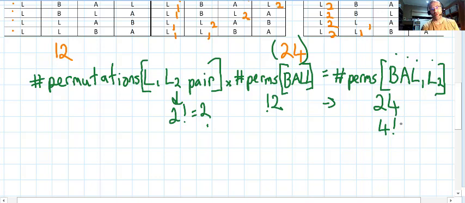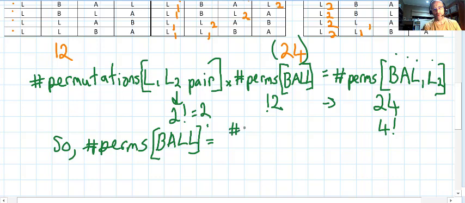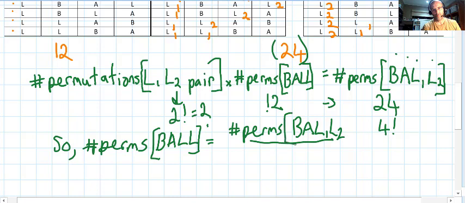So all we need to do now is rearrange this, and we've got what we need. The number of permutations of BALL indistinguishable will equal the number of permutations of BALL distinguishable over the number of permutations for L1, L2 as a pair.